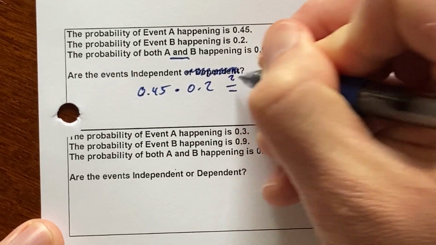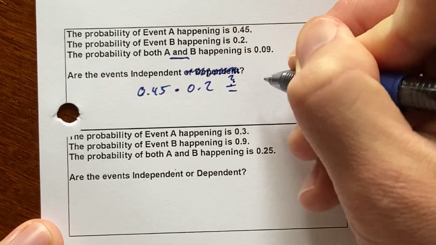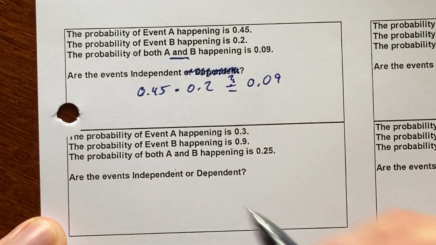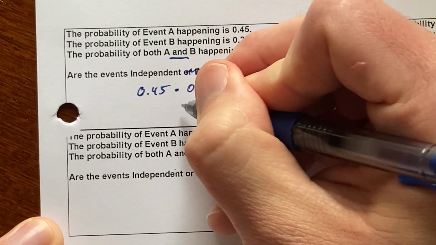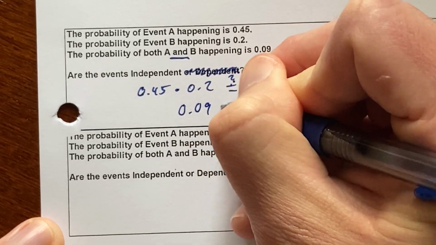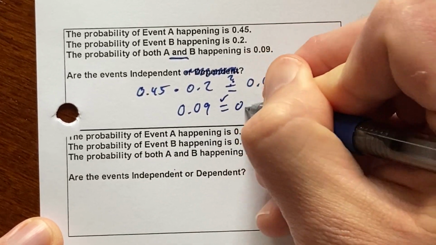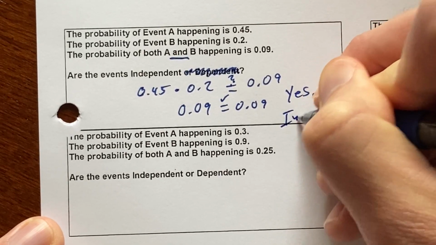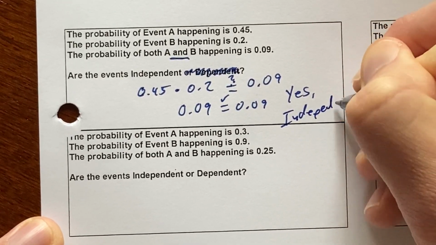And we want to know, does that equal 0.09? So when you punch that into your calculator, you'll see that that is 0.09. And yes, that does equal 0.09. So let's write yes, independent.